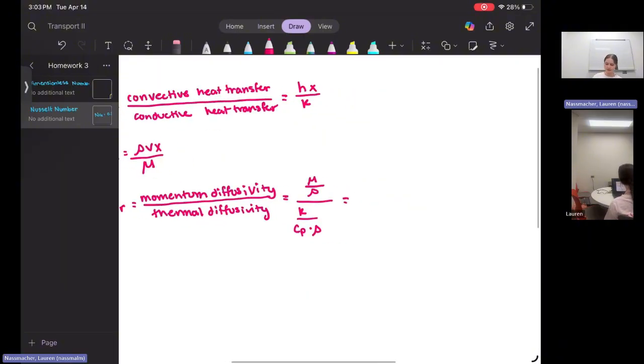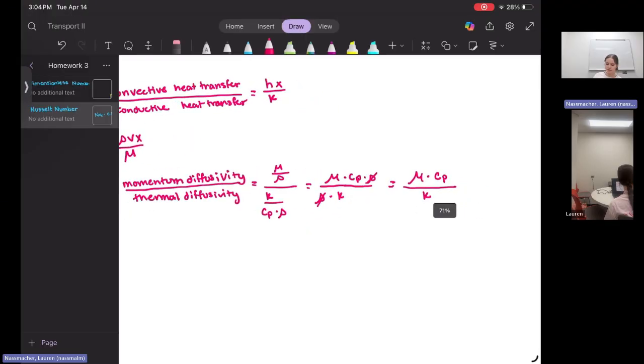Now let's simplify this. So we get our viscosity over our density multiplied by that constant. This is multiplied by Cp times rho, cancel out certain units, and we get our viscosity multiplied by our heat capacity divided by our conductive heat transfer coefficient.